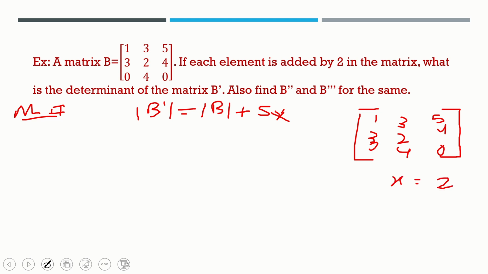Because you are adding 2. Remaining, you need B dash and S. So you can calculate B. If you calculate B, you will get 44. Now I'm not calculating this one, I'm going to show you how to calculate S.